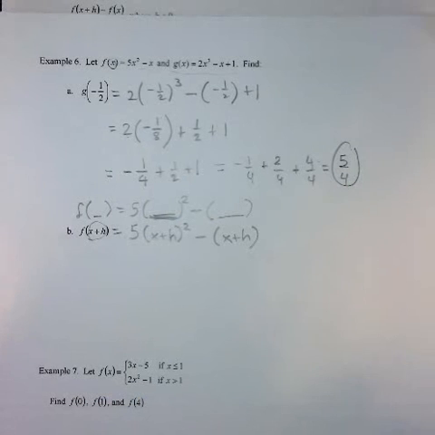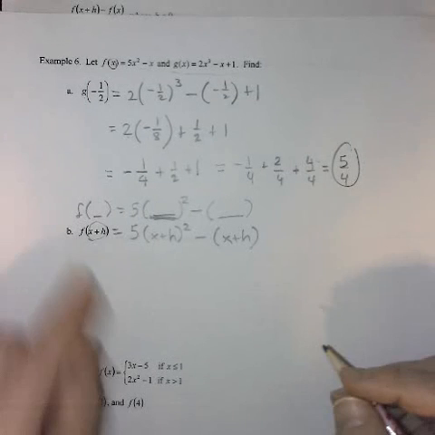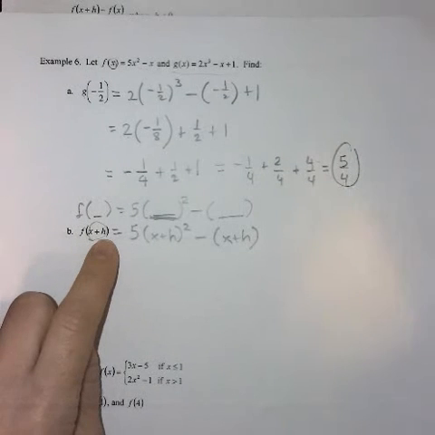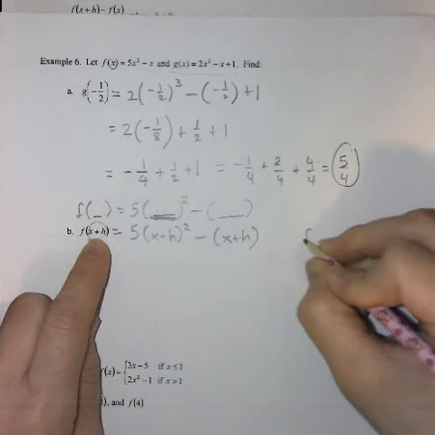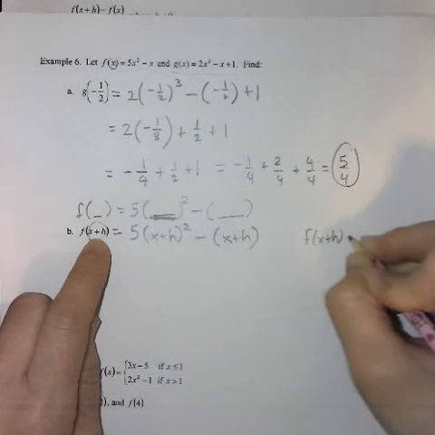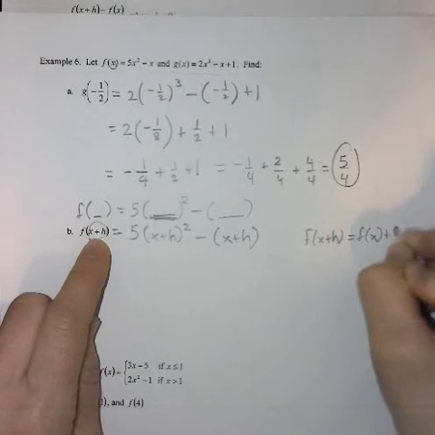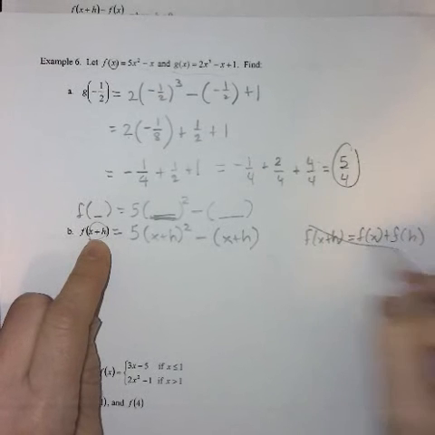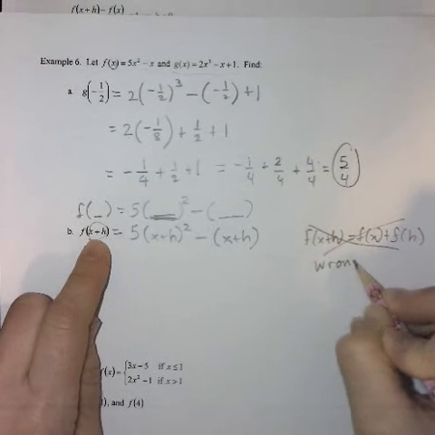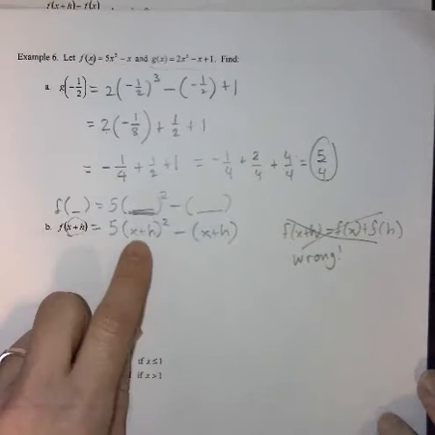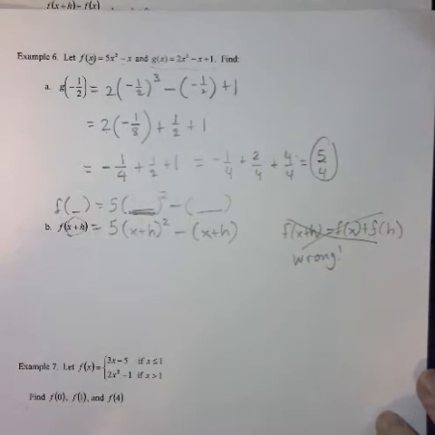So don't think of that x as a variable. Think of it as a placeholder. I mean, it is a variable, of course, but that's a blank spot that you can plug things into. What I don't want you to do is say that f at x plus h is f at x plus f at h. Okay, that's wrong. You're plugging the x plus h into the blank spots.